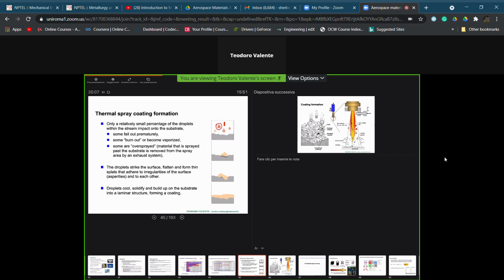They are not monomodal in powder size. So if I say 40 micrometers, that's an average, okay? And so this means that we can expect, inside our particle distribution, values which are lower than 40, but also some values which are higher than 40. So we can have phenomena of vaporization.